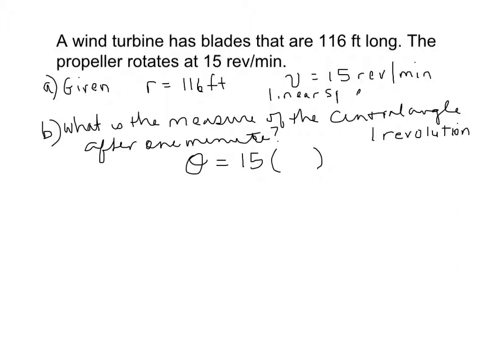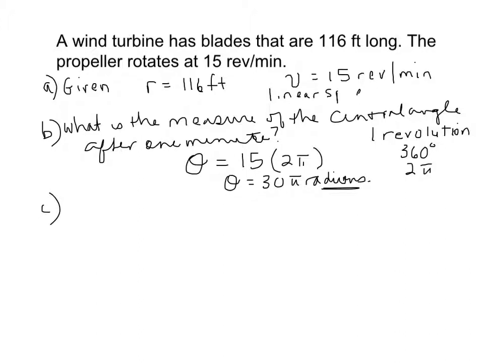You would probably tell me 360 degrees, which is absolutely correct. It's going to go 360 degrees in one revolution. But we're doing that in radians, which is 2 pi. So we end up that theta, the central angle after 1 minute, is going to be 30 pi radians. Because we're talking about an angle, it has to be in radians.